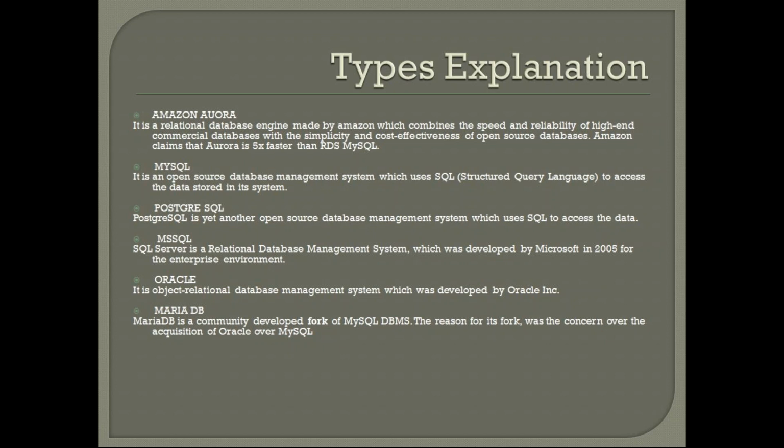The first one is Amazon Aurora. So what is Amazon Aurora? It's a relational database engine made by Amazon, which combines the speed and reliability of high-end commercial databases with the simplicity and cost effectiveness of open source databases.